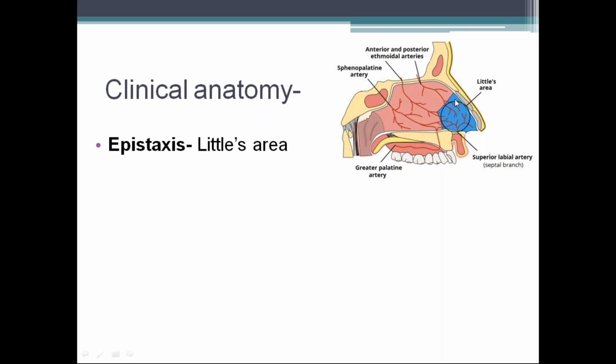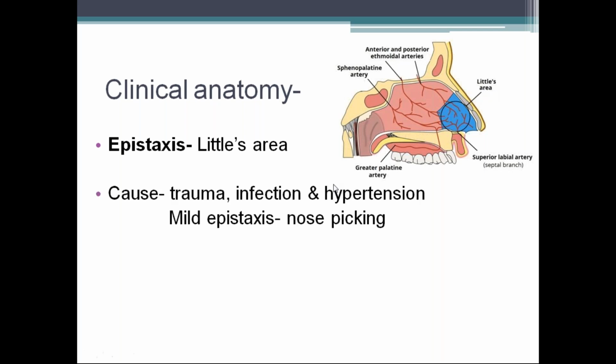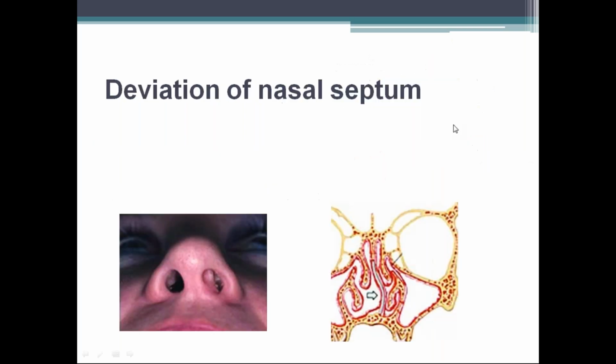So this will protect against intracerebral bleeding, and it even will protect the brain. Other than this, any trauma or any infection may cause epistaxis. Okay, so the next important applied aspect of the nasal septum is the deviation of the nasal septum. Normally, most nasal septa will be deviated.